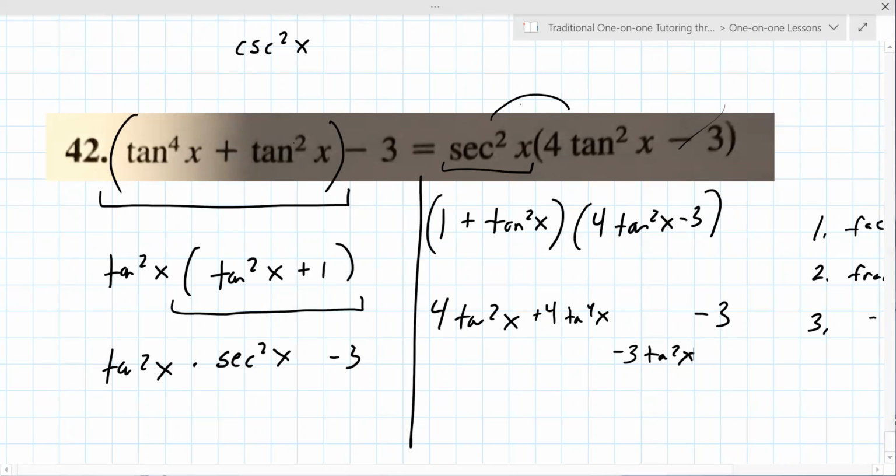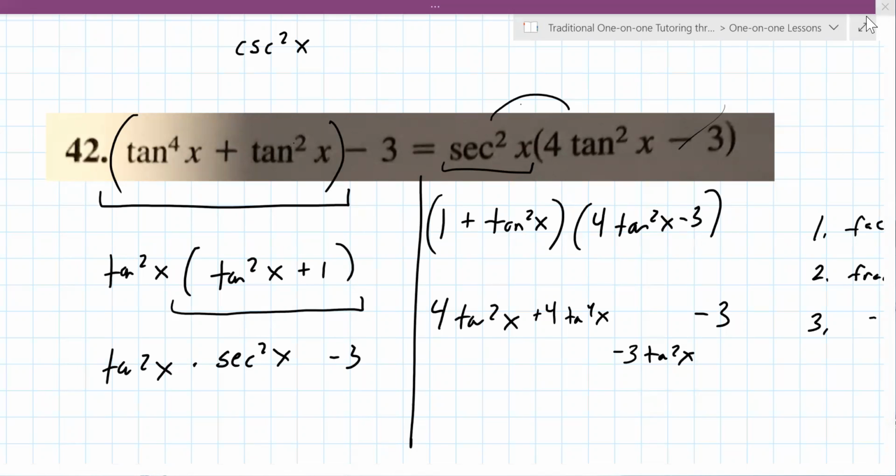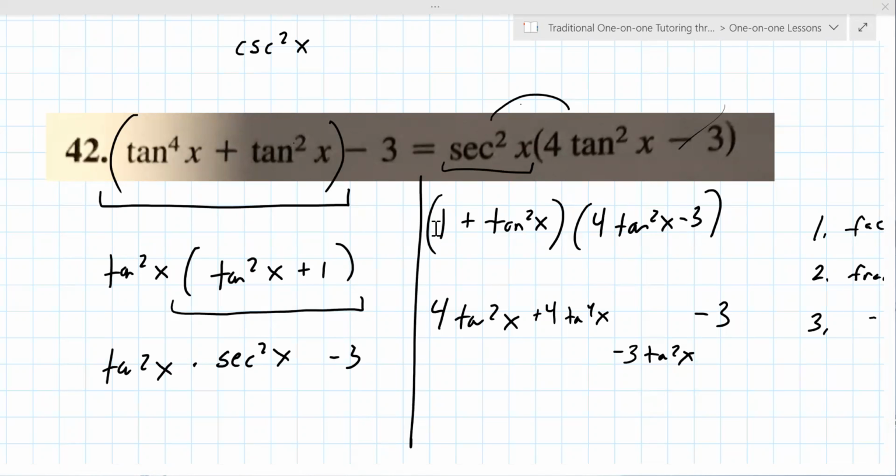Let me make sure I got that identity right. It's tangent plus 1, but that shouldn't really change anything. Let me get my phone right here. It's 4 tangent squared. Okay, 4 tangent to the 4th x, and then you get minus 3 tangent squared, and then minus 3. Okay, that's it.